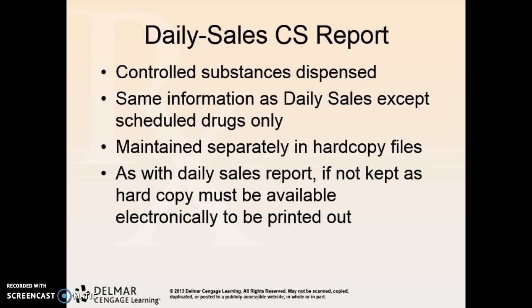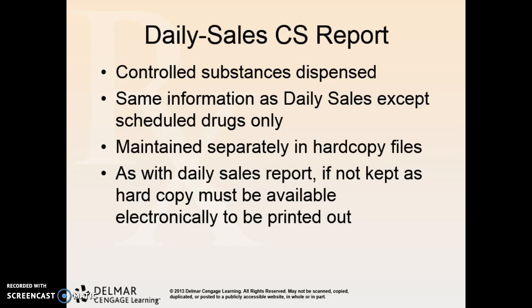The next report that you're going to look at is daily sales. This is another way that you can look at getting a list of what controlled substances were dispensed. Depending on the state that you live in or work in, you might have to have some sort of daily report that you print out around these controlled substances. So you're going to want to make sure that you know how to print those. You have to maintain those in separate files.